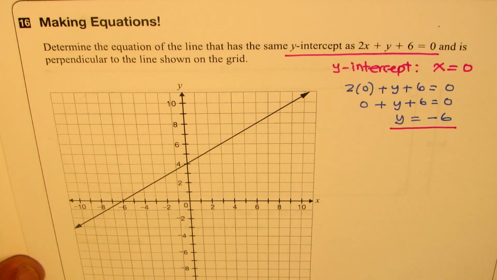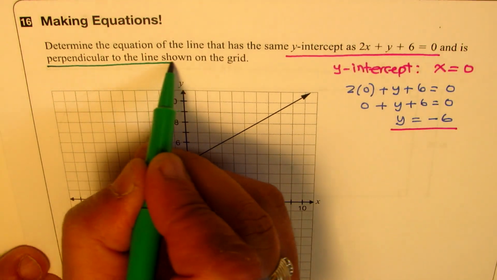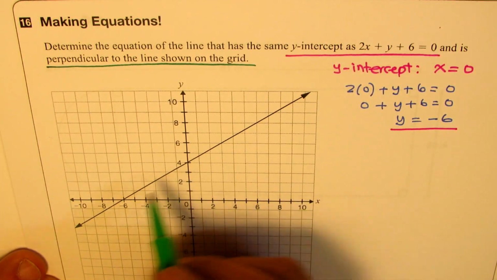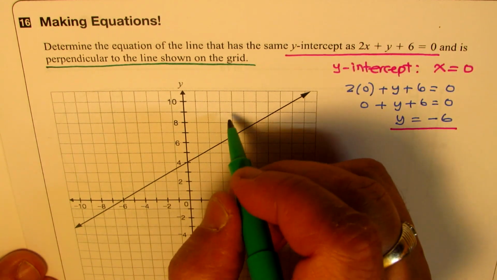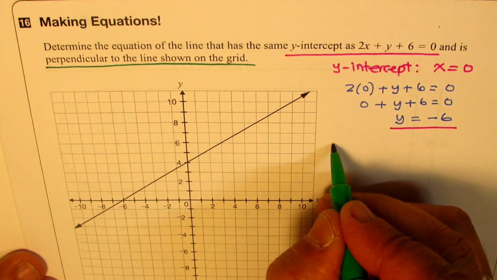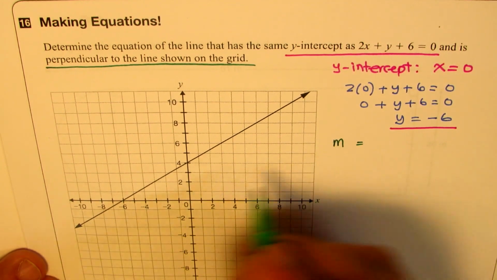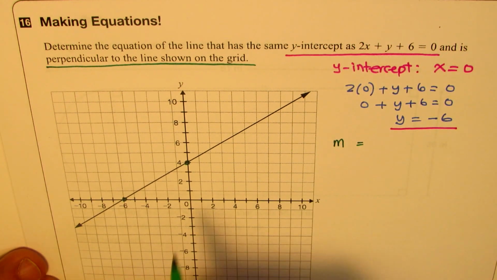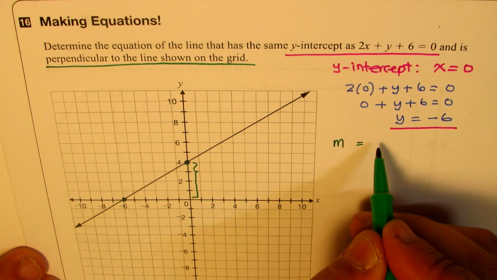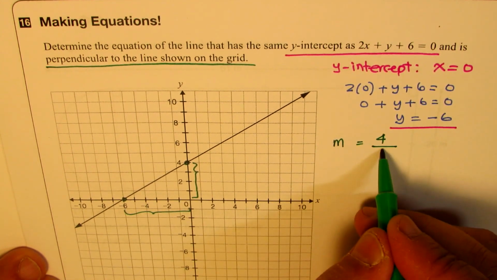Now the second part of this is, and is perpendicular to the shown line. So perpendicular means negative reciprocal, right? So first, let's find the slope m of the line given to us. So we can take 2 points, and these two intercepts are actually good points. So here you can see that the rise is of 4, right? And this run is of 6 units.